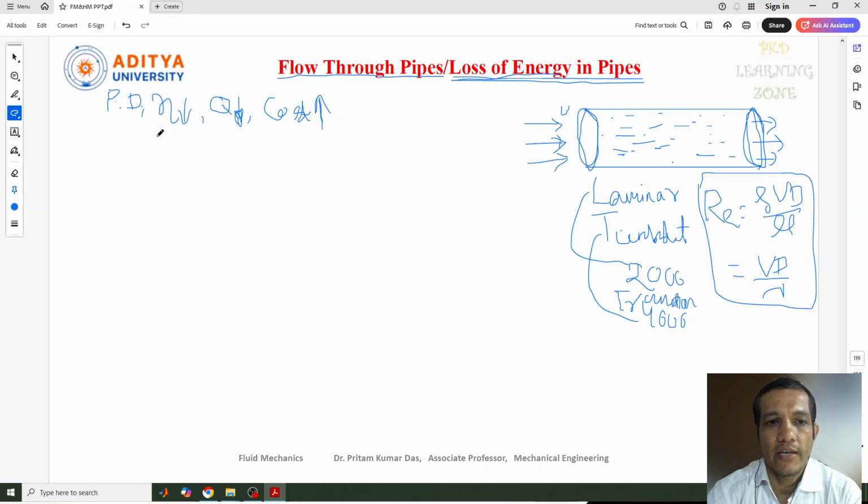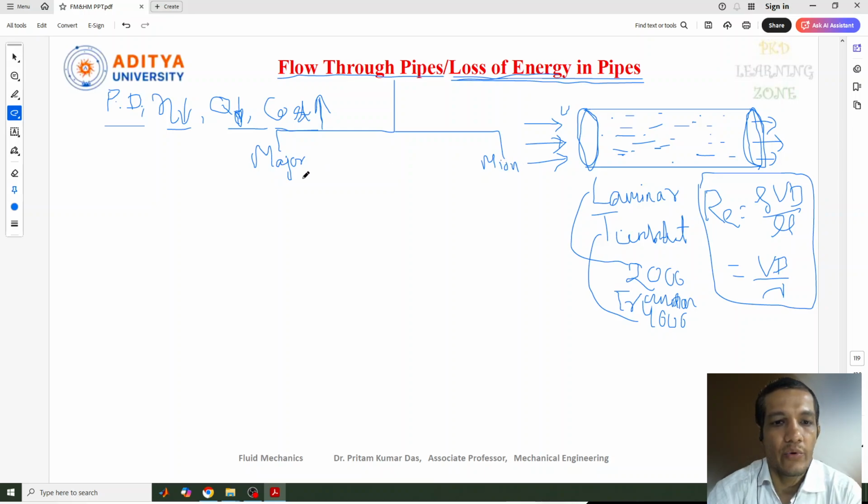So these are a few things affected by these losses. The loss of energy in the pipes is divided into two categories: one is major loss, another one is minor loss. Major loss happens due to friction.